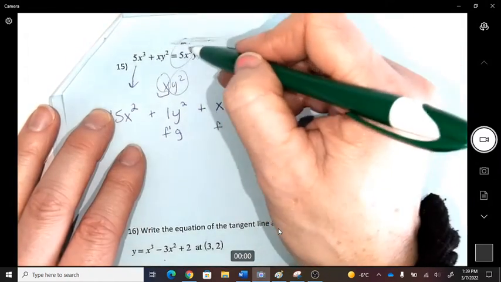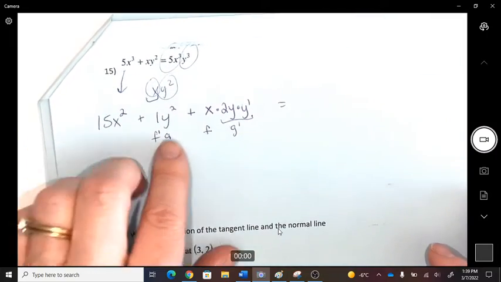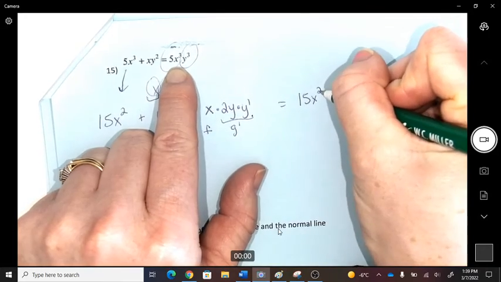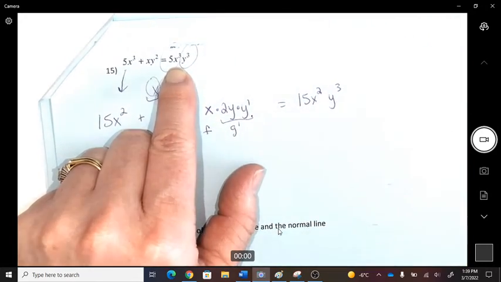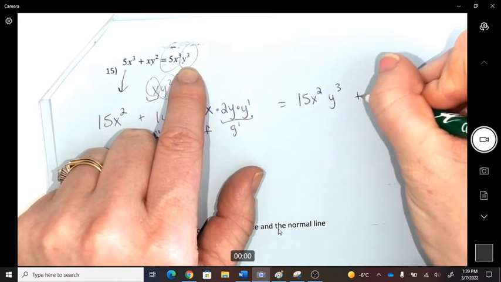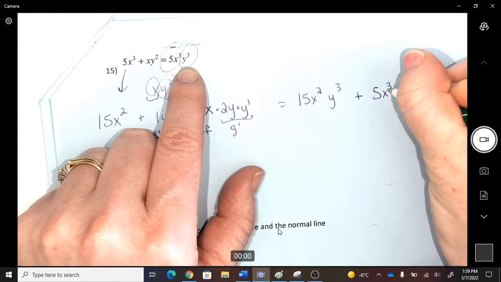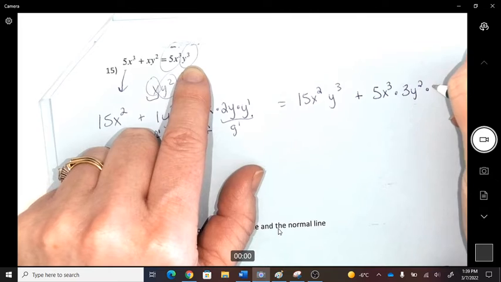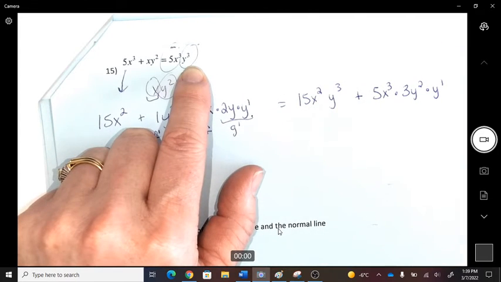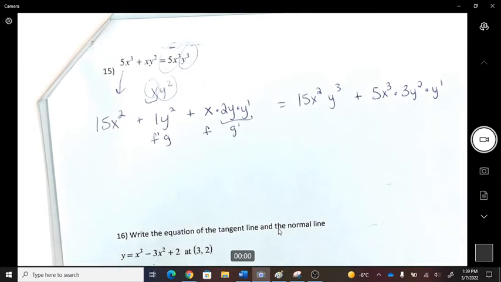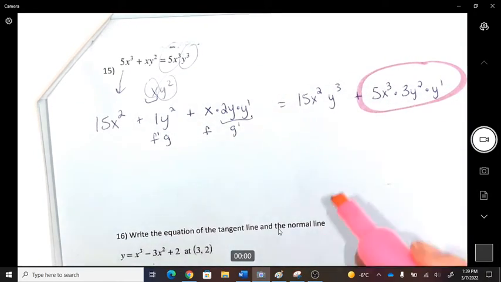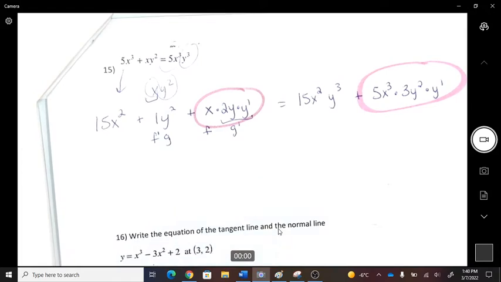That's good? You're following that? Okay, on the other side, I'm going to do the same idea here. Ready? Derive the x, so 15x squared, keep the y stuff. Plus, keep the x stuff, derive the y stuff. Oh, as soon as I derive a y, attach. Okay, now I'm looking at all the things that have a y prime in them. So this and this, right?